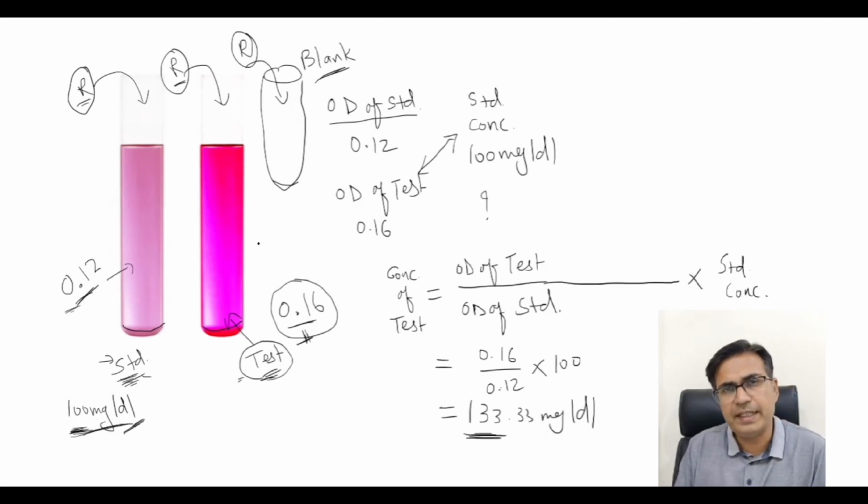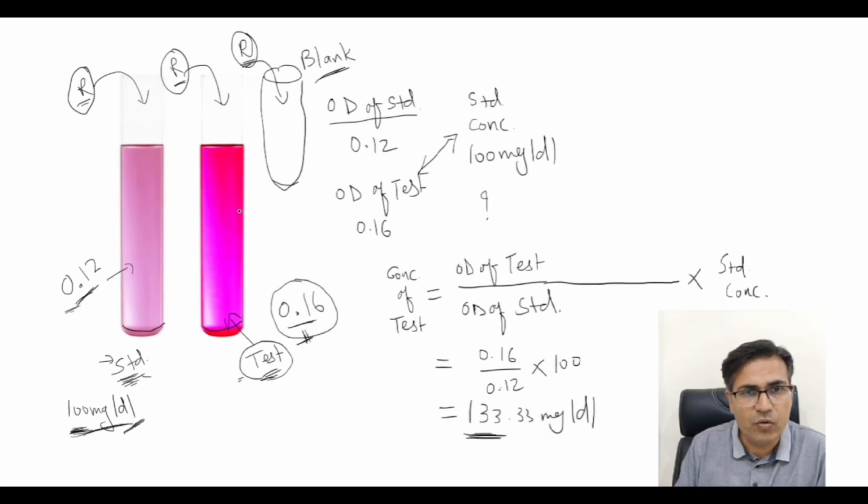Now colorimetry is all about color. We need the exclusive color of this plasma glucose which we get from a suitable reaction. Okay. Now if there is a color of the reagent also, it will interfere in this OD.